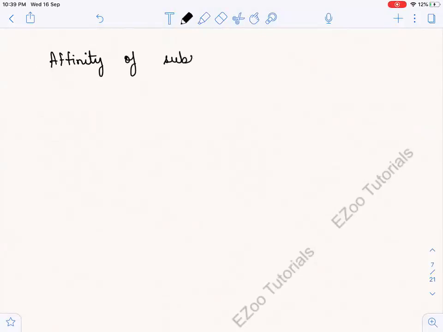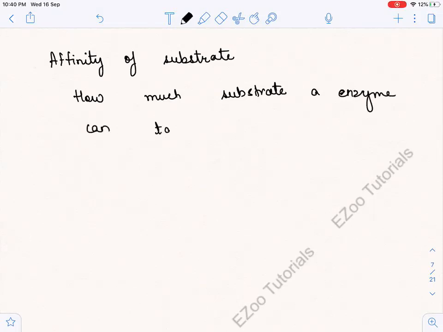When we say it shows the affinity of the substrate, it means how much substrate an enzyme can take, how much it can bind with. So different enzymes can have different affinity for the same substrate.